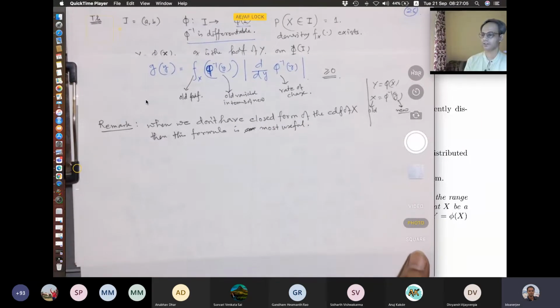If it has, I mean, a closed form of CDF for X, preferably go by the CDF. The chance of error is less. You will be able to understand why I am saying this.